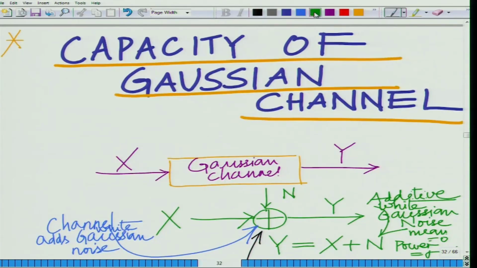Remember, by capacity we mean the maximum rate at which information can be transmitted across this channel with an arbitrarily low probability of error.